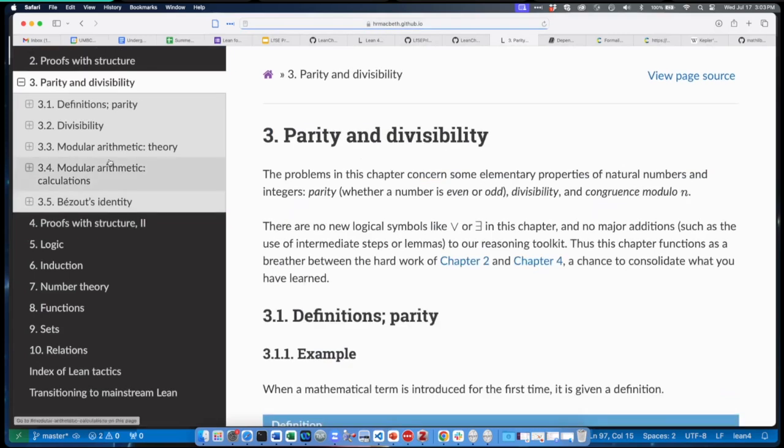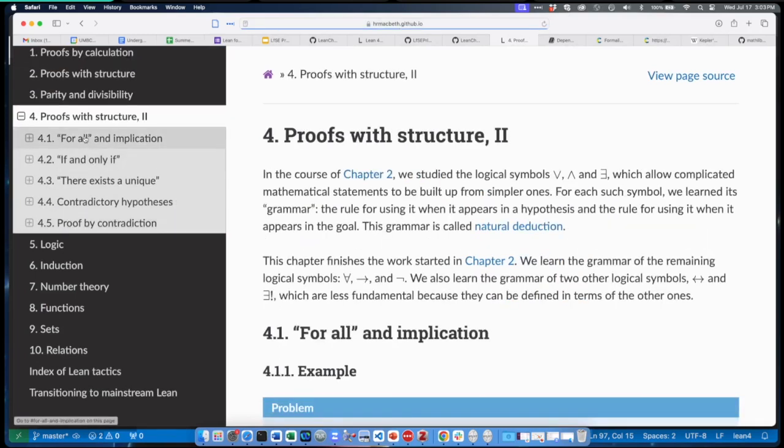Divisibility is fun. We didn't touch on that at all, but if you want to look, you can. And then proofs with structure, for all and implication, involve the intros tactic, moving things. Do you introduce a new hypothesis in different circumstances? That's what I would say, mainly 4.1.